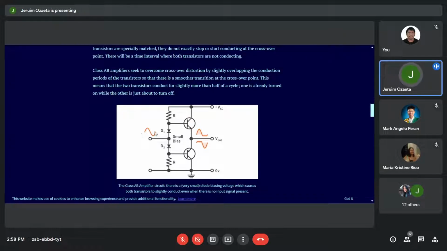In the positive signal, the cathode of the diode becomes positive, so the diode is going to be off conduction, meaning D1 will be reverse biased.